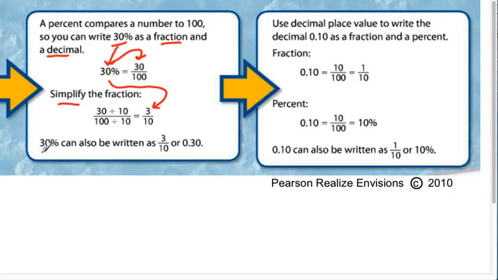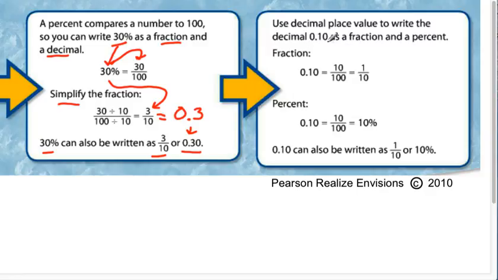And then down below, they say 30% can be written as 3/10 or 30 hundredths. And remember that if you took 3/10 and you wrote it as a decimal, it would look like this. And then if we wanted to write it as hundredths, you could just create the equivalent form.